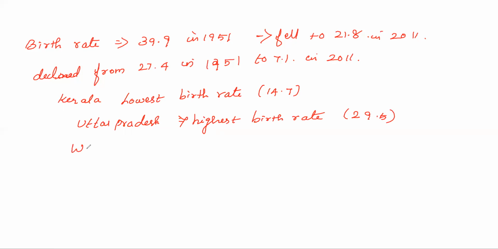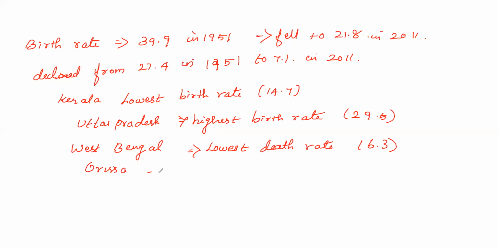Then West Bengal lowest death rate, 6.3. Then Orissa 9.2 highest.